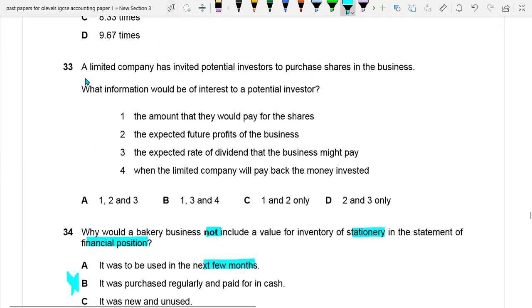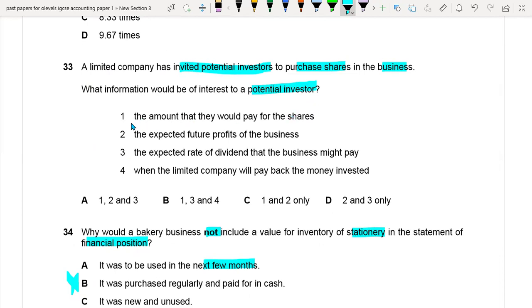So our 33 MCQ. A limited company has invited potential investors to purchase shares in the business. Okay. What information would be of interest to a potential investor? So this is basically tested from the stakeholders chapter, in which you learned what the expectations of our stakeholders from our business are, and why the financial statements are important for the stakeholders' information.